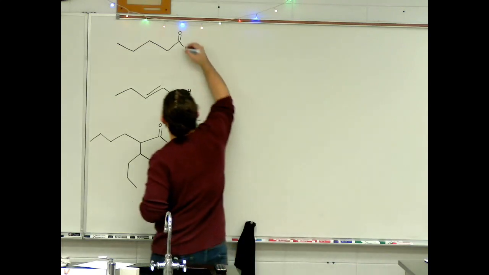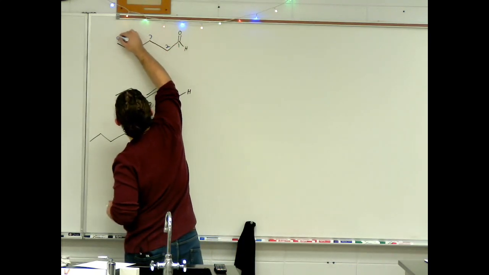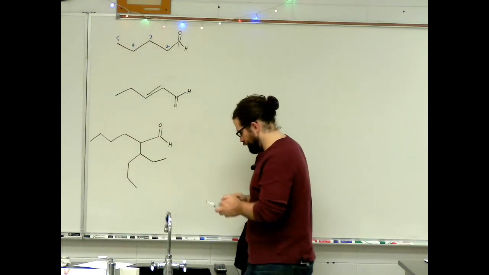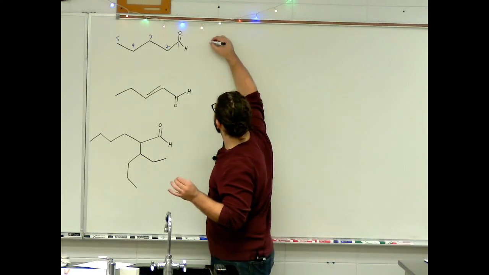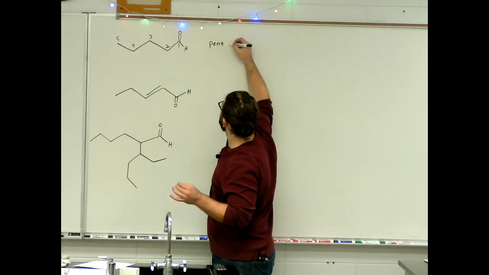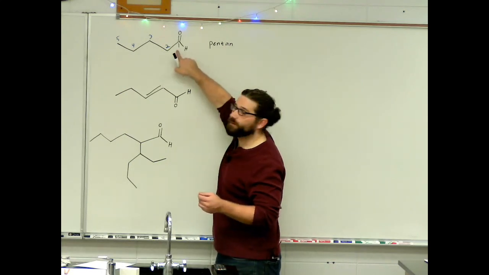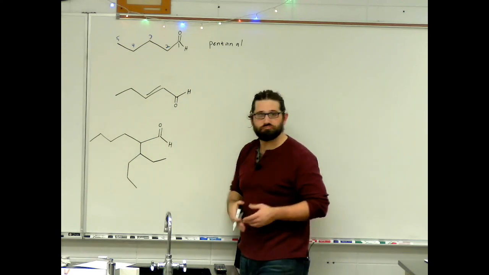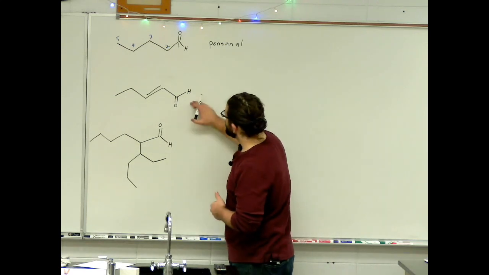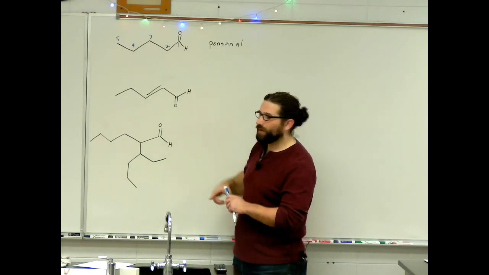So this is going to be a 1, 2, 3, 4, 5. So that's going to be pent. No double bonds in sight. And then an aldehyde, so al. Pentanal. There we go. This one here, again, I'm going to start at 1 for my aldehyde.